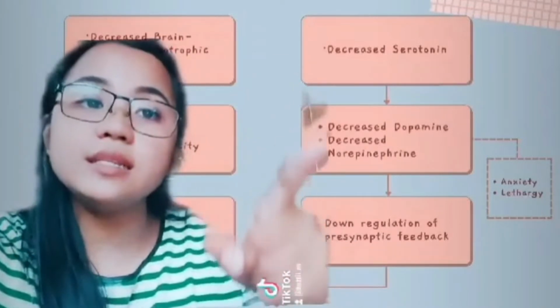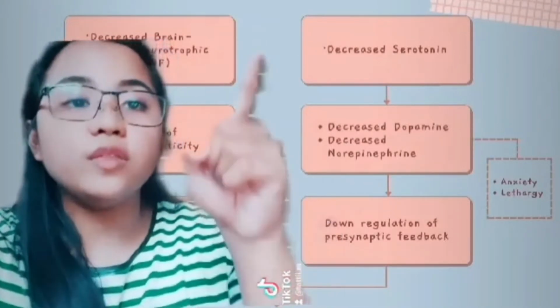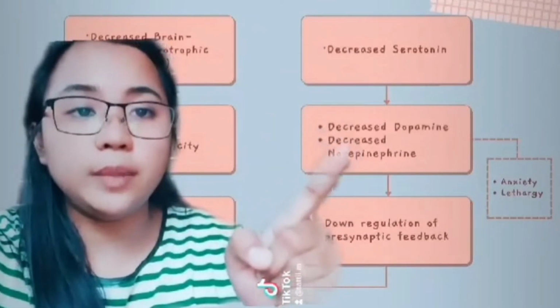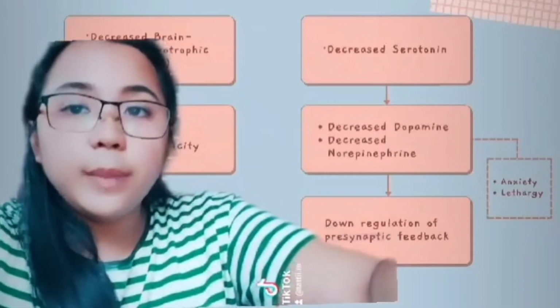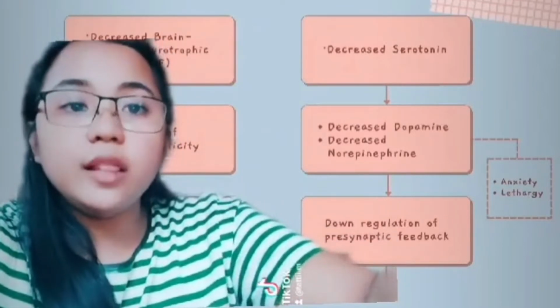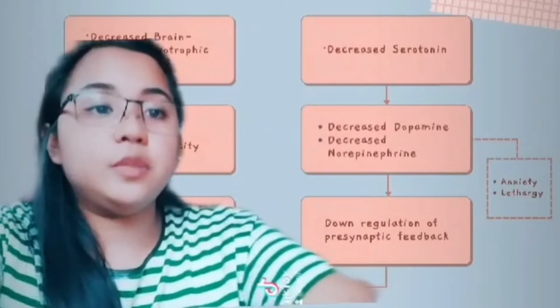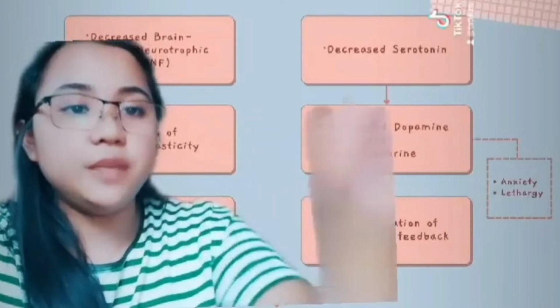Since these three neurotransmitters work interdependently, when there is a decrease in serotonin, there will also be a decrease in dopamine and a decrease in norepinephrine. When the body produces low levels of these neurotransmitters, it can cause certain symptoms like anxiety and lethargy.